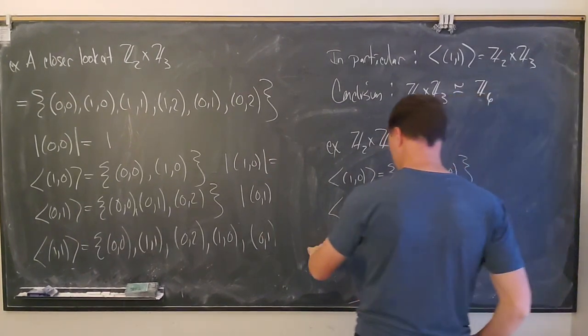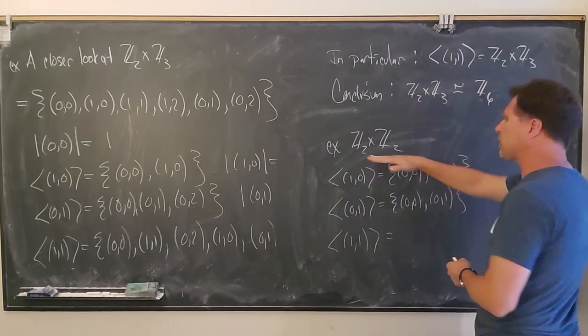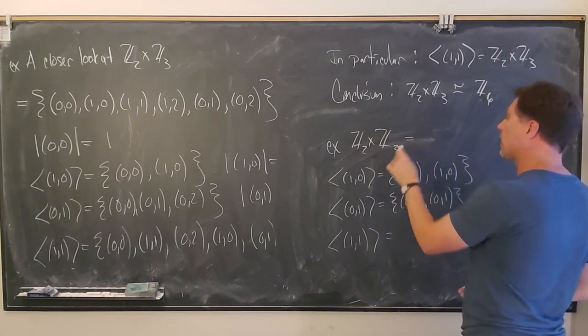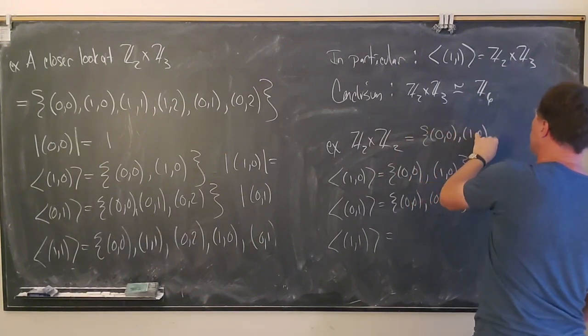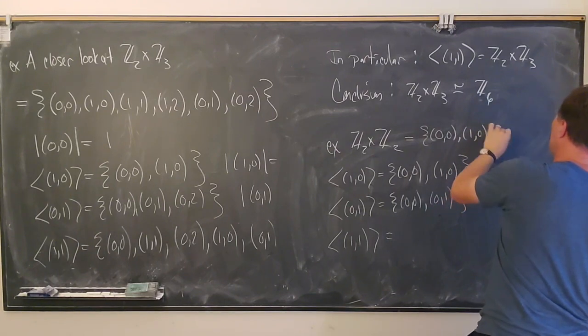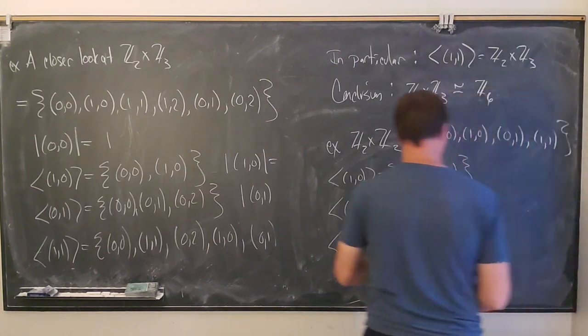And then (1, 1), that's the other non-trivial element. I should have written this out, right? There's 4 elements. Sorry, I did this out of order. That should be (0, 0), (1, 0), (0, 1), and (1, 1). Those are the elements in Z2 cross Z2.